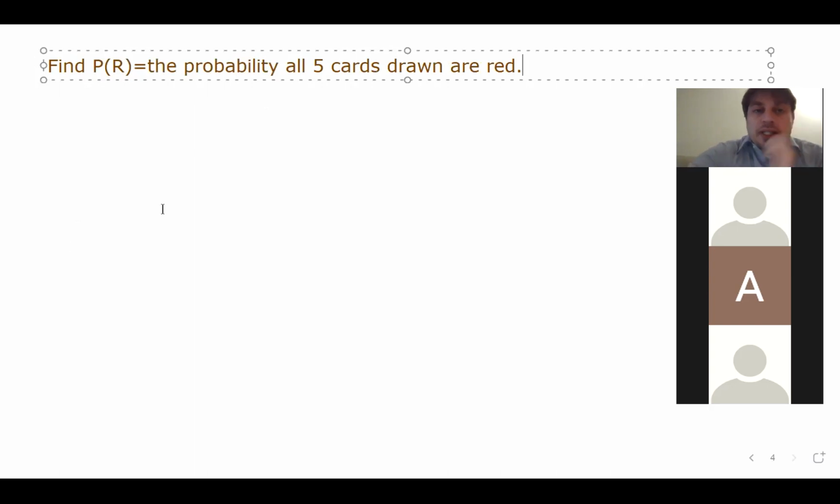So 5 over 26. So we want to find the probability all 5 cards drawn are red.